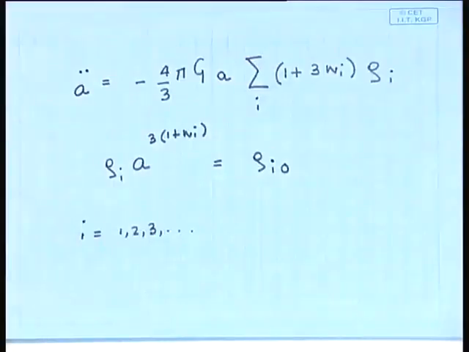It is just a generalization of the situation that we have already dealt with, where there is only one kind of constituent that has no pressure. So, we want to integrate this equation and we will proceed in exactly the same way as we did for the situation with only one constituent. So, how did we proceed? Recollect.